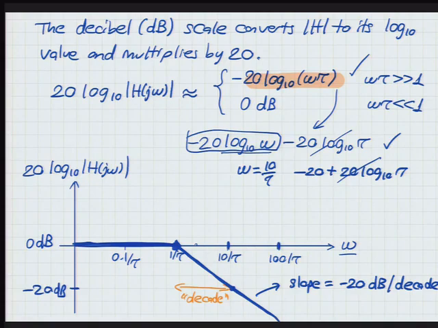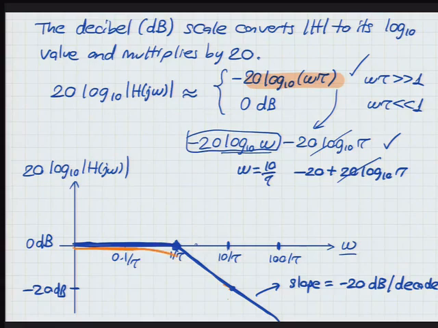Okay, clear? So that's a straight line approximation to the actual frequency response given in the log-log scale. How does it compare to the original one? If I were to draw the original one on top of this approximation, it is going to look pretty similar. It will be close to 0 dB because the actual frequency response is close to 1 for small frequencies.